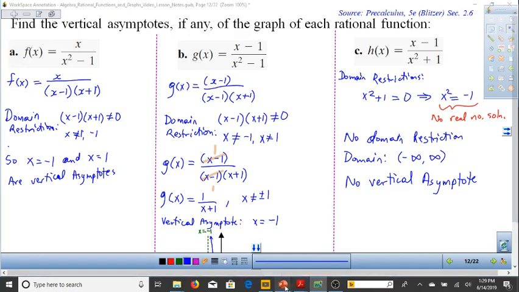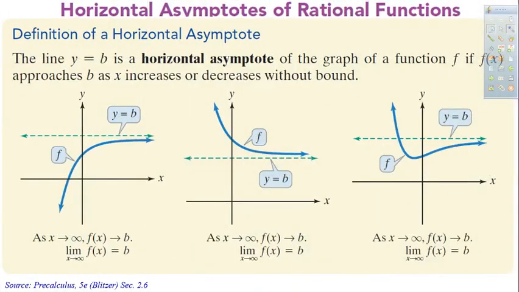Now let's go back to the PowerPoint and talk about horizontal asymptotes. So a horizontal asymptote is a horizontal line y equal to b that the graph approaches as x approaches positive or negative infinity. So as we go further and further to the right or further and further to the left.